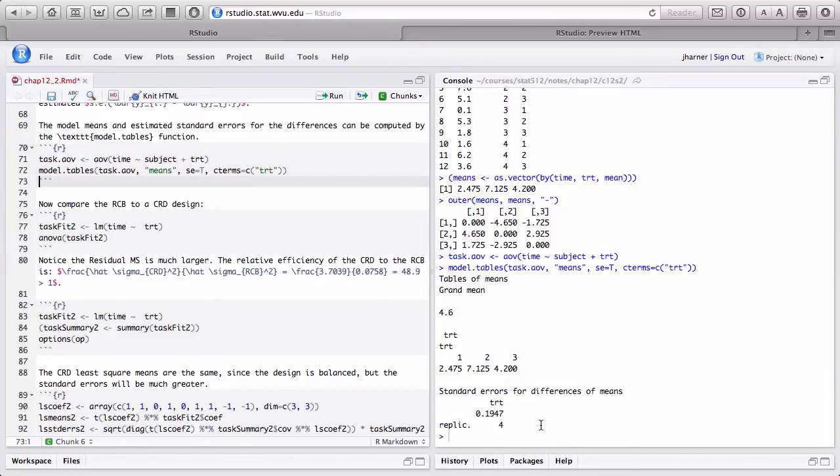When I do a model table, that gives the least squares means, and it gives the standard errors for the differences of the means, the 0.1947.